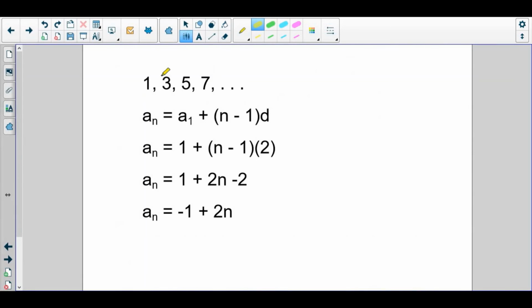If I take that sequence of 1, 3, 5, and 7, and I apply the equation for arithmetic sequences, plugging in 1 and the common difference being 2, and I distribute and simplify, I end up getting the equation -1 plus 2n. And that is the equation you see that I have put in here.